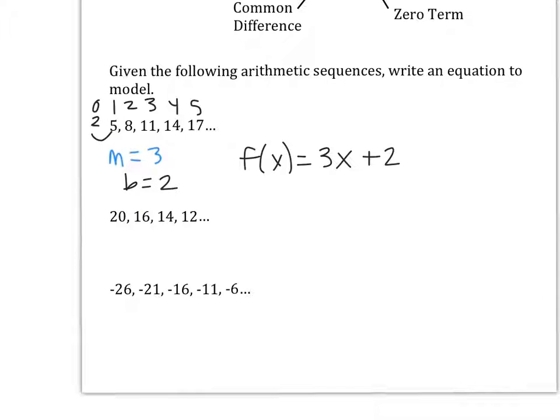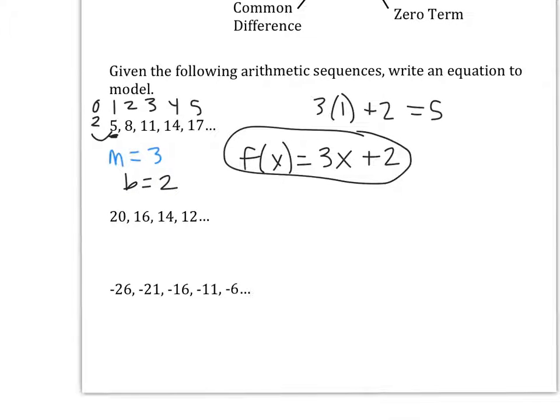If I plugged in 1 for x, meaning the first term of the sequence, I should get an outcome of 5. 3 times 1 is 3, plus 2 does equal 5. So we know that this equation will model this function.